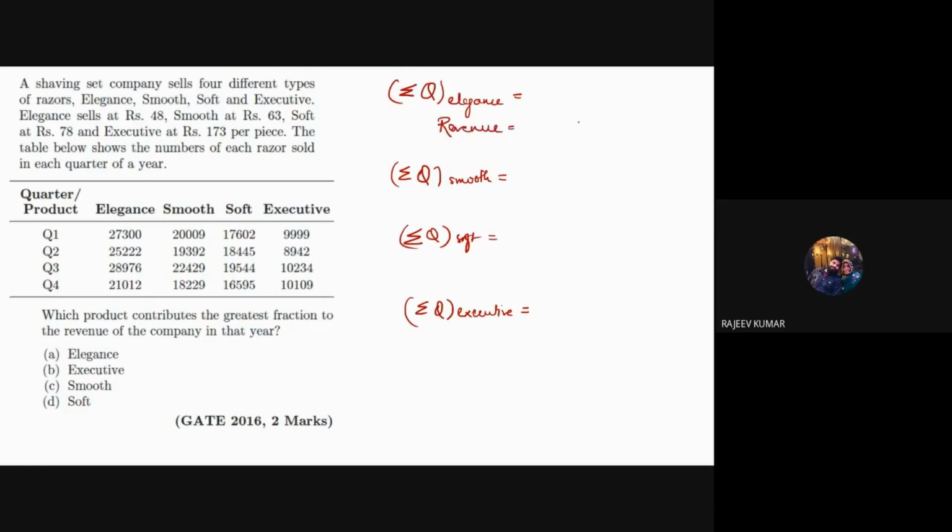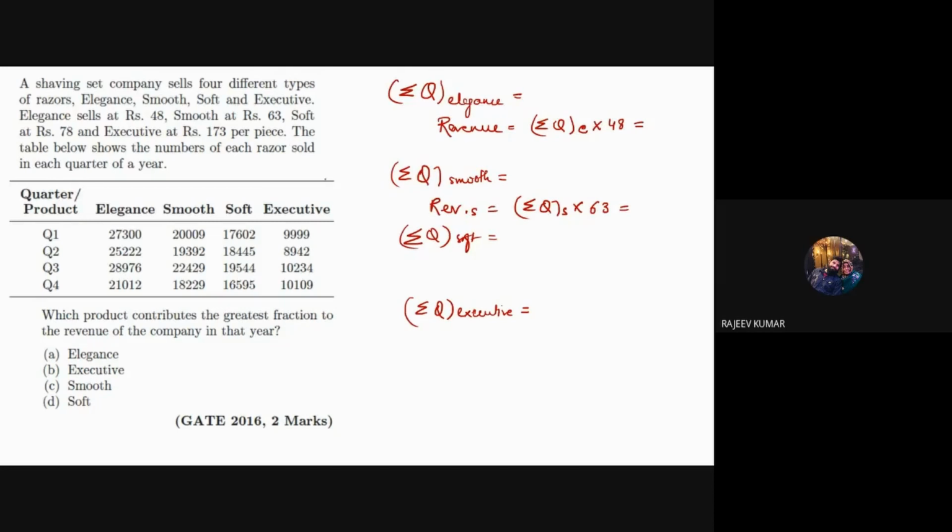What revenue is considered? So ये जो answer आएगा, the summation of Q for elegance, you have to multiply by the cost of elegance, which is 48. So इसका 48 से multiply करोगे, you'll get the revenue. Similarly, revenue for smooth will be the summation of Q for smooth multiplied by the cost of smooth, which is 63.